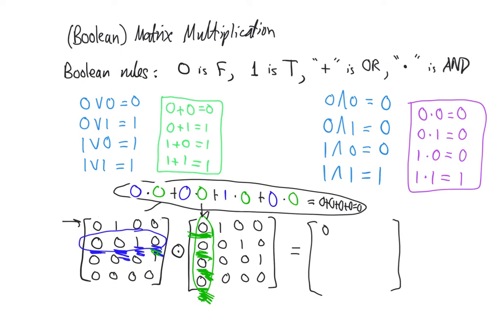And again, we're going to get 0 plus 0 plus 0 plus 0, which is 0, which gives 0.